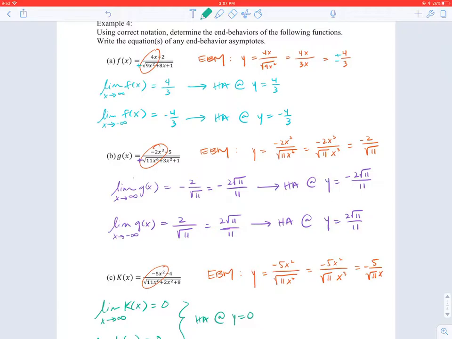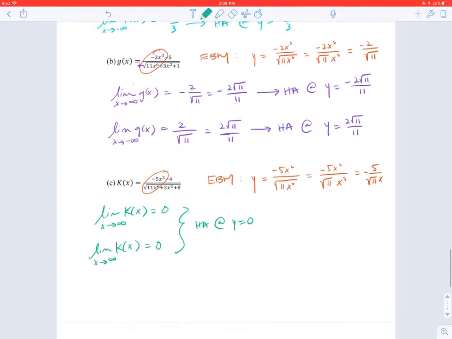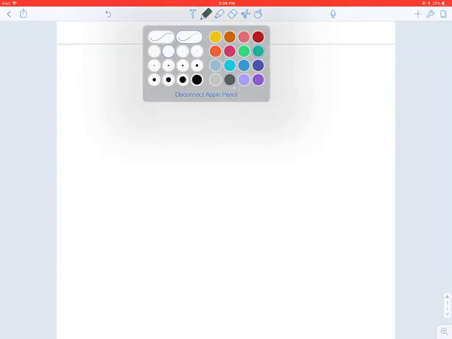But you can come up with an end behavior model, which is a simpler equation that has the same end behavior of the function that you're trying to determine the end behavior for. Okay, and two types of end behavior asymptotes that I'm going to ask you to find equations for: slant asymptotes and horizontal asymptotes.